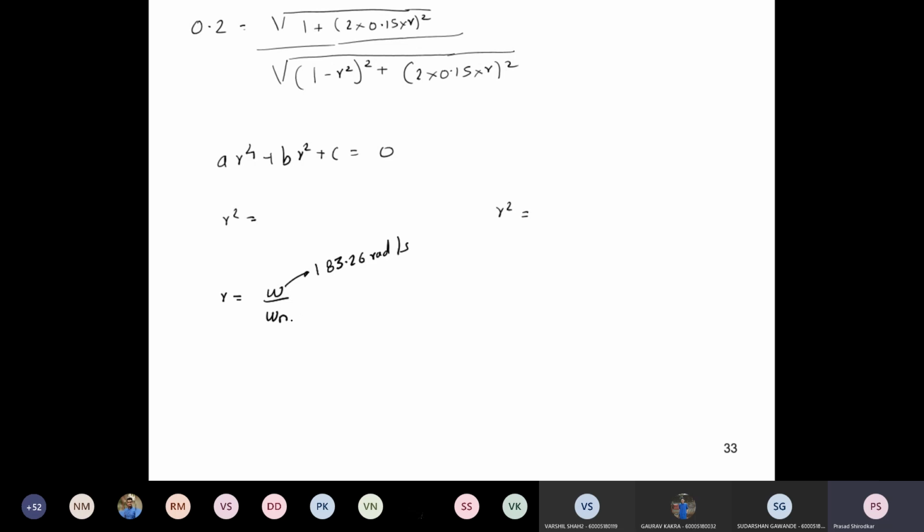Omega n is square root of k by m. M in our case is 450 kgs. So solve this equation and get the value of k.